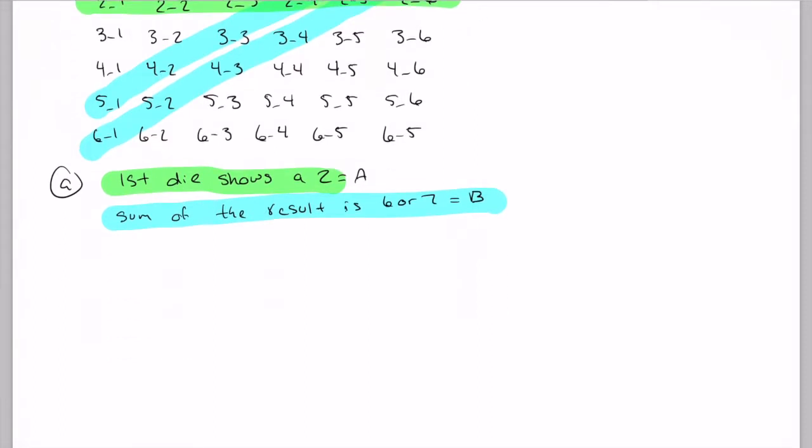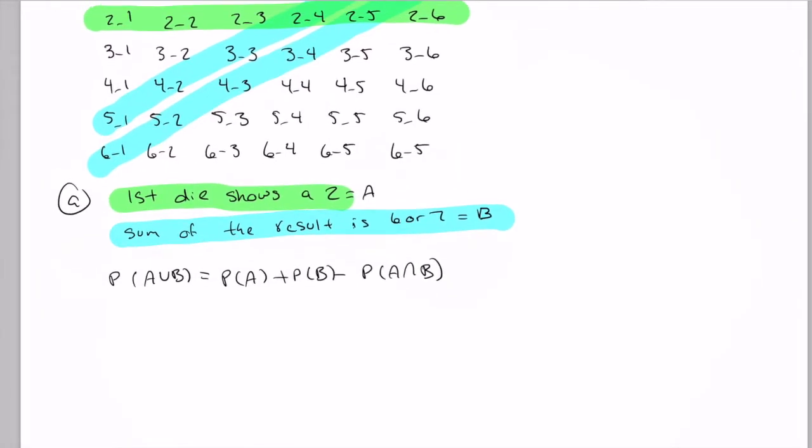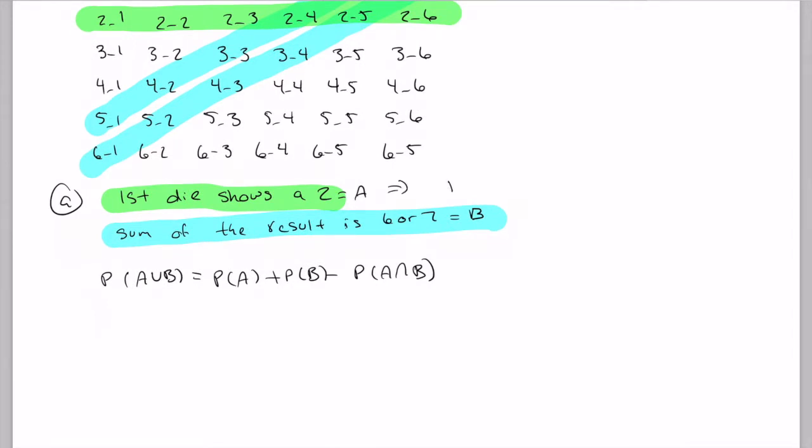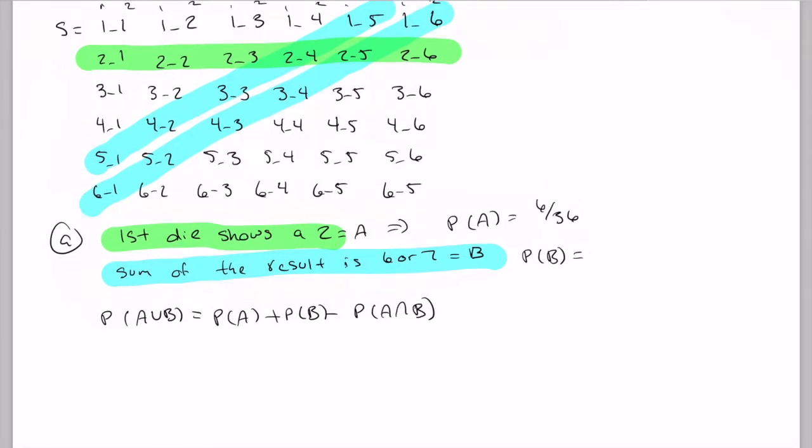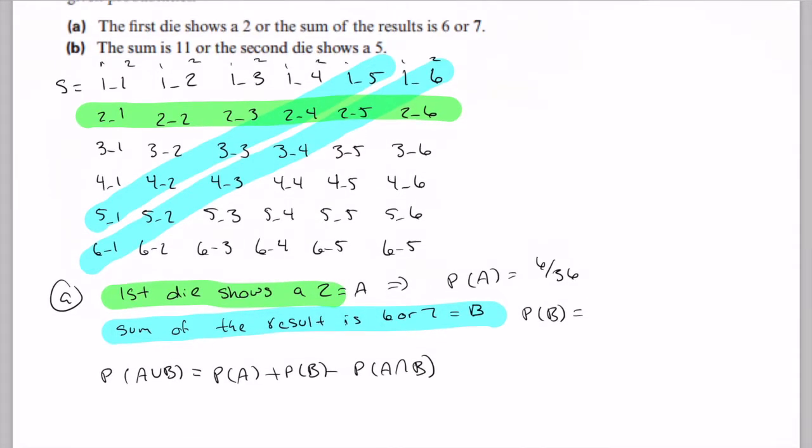So using our math, P(A union B) is equal to P(A) plus P(B) minus P(A intersection B). For P(A), we have 6 out of 36. For P(B), we have 1, 2, 3, 4, 5, 6, 7, 8, 9, 10, 11 out of 36.